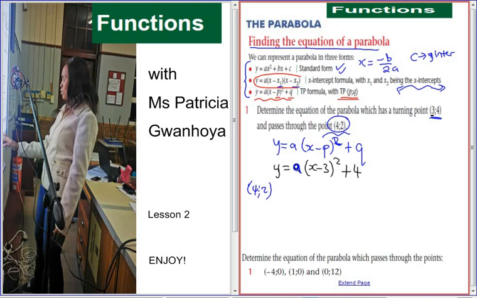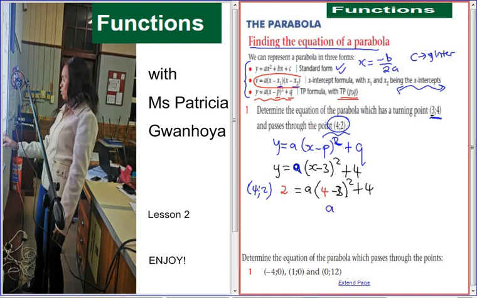So in place of y, we put a 2, and in place of x, notice how I am going to just put a 4. Everything else will stay exactly the same. So it's now a matter of us calculating this, either using our calculators or our good heads, and then we carry on. So 4 minus 3 should be 1, 1 squared should be 1. So we have 1a here.